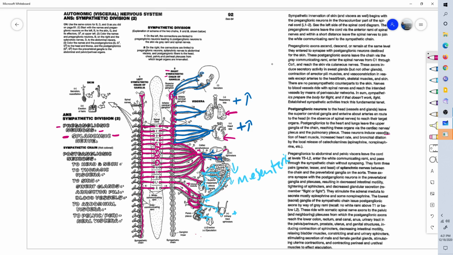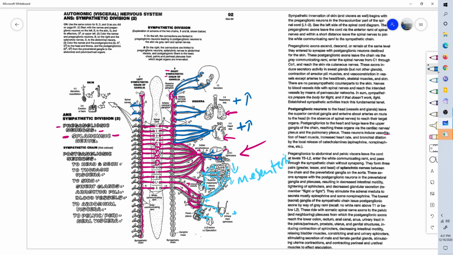They're all synapsing in the chain. Whereas some, as you know, some preganglionic fibers pass straight through the chain to innervate the digestive organs and the pelvic organs. All skin postganglionic fibers synapse right here in the ganglia.